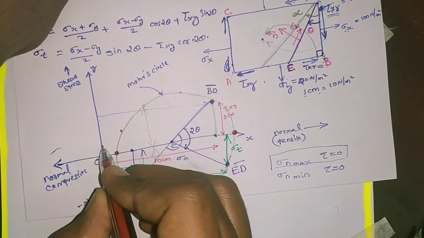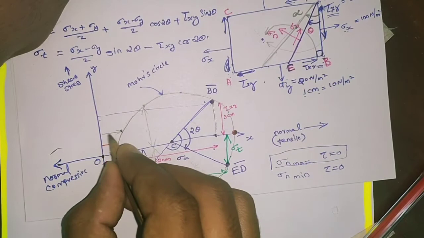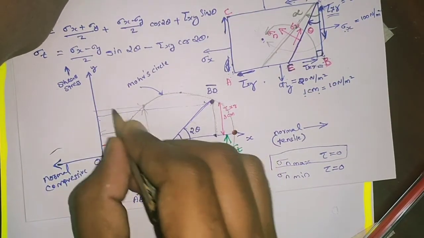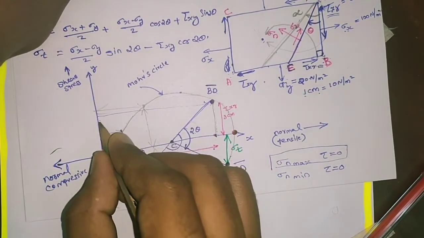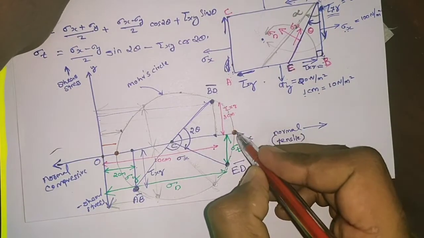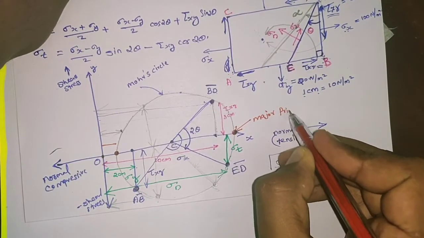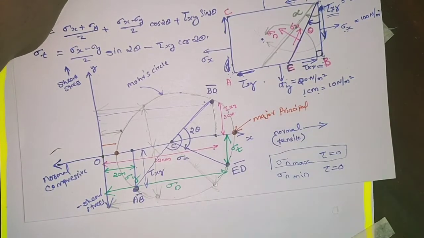Because if you take this point, this is the sigma n, and sigma n is maximum at this point. So this point will be the major principal plane.